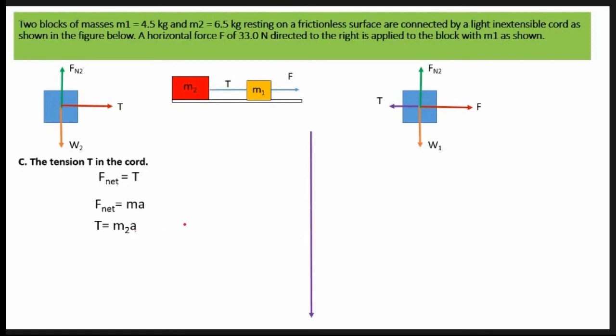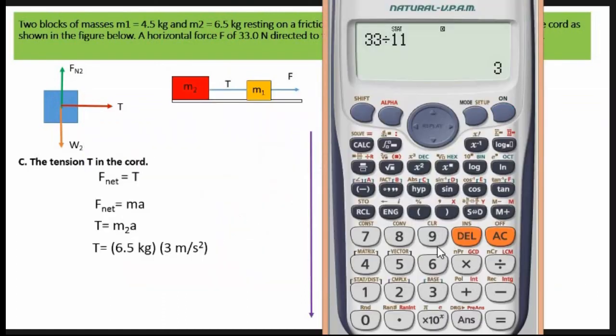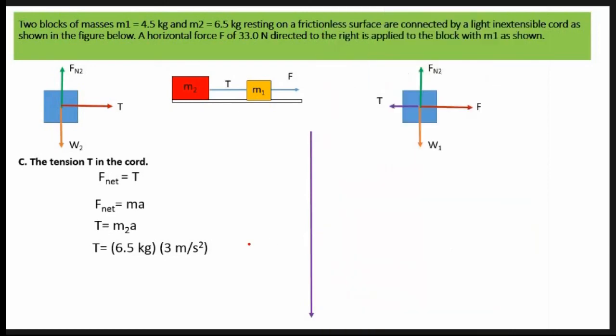So here, 6.5 times 3. Let's summon our calculator here. Times 3, and you get 19.5 newtons. Kilogram times meter per second squared becomes newton. So that's the first way to solve this problem using this free body diagram.